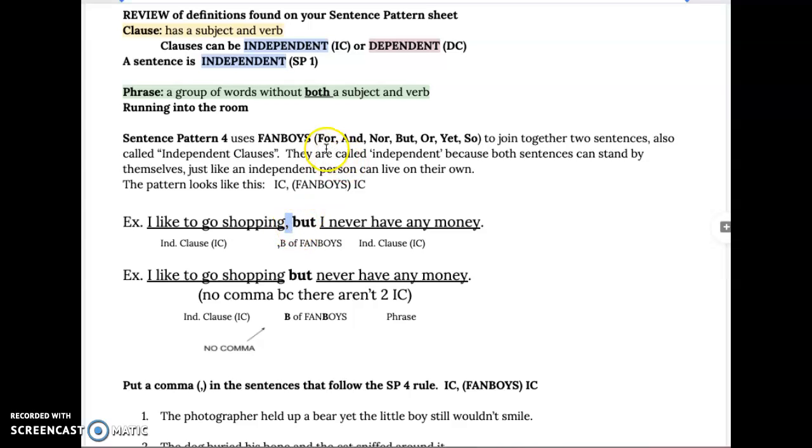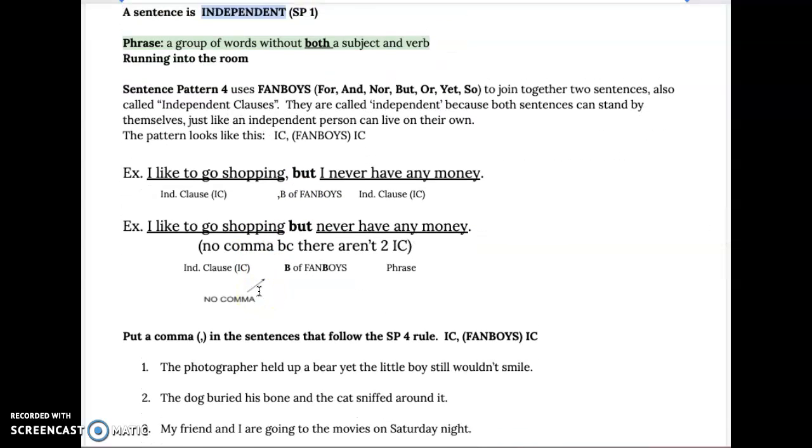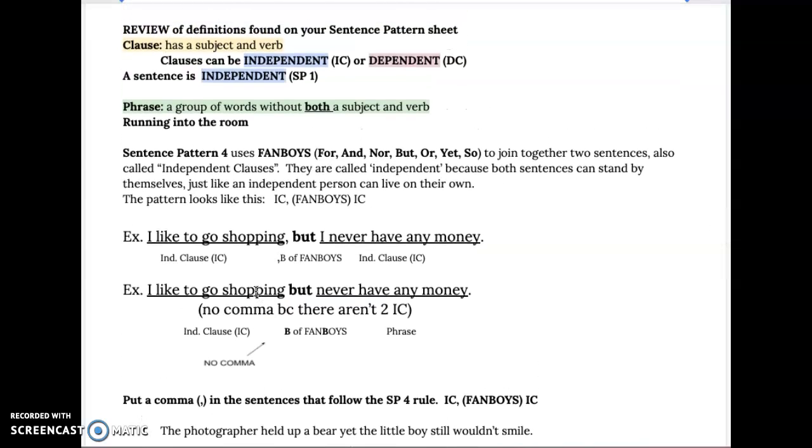right before the fanboy. All right, let's take a look at when it doesn't work. Here's an example, almost the same. I like to go shopping. Okay, we already know that's independent. If I just said, never have any money, you'd be like, what? Who doesn't?